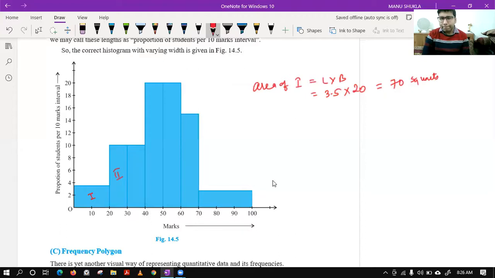Fine. We have found the area of the first rectangle as 70 square units. Now let's find the area of the second. It is coming out to be 10 into 10, that is 100 square units.